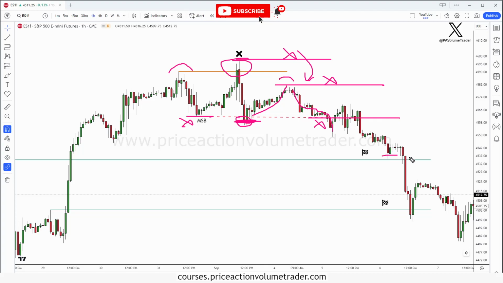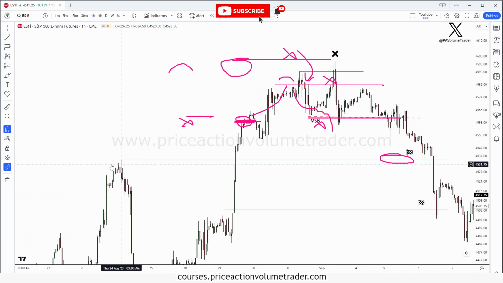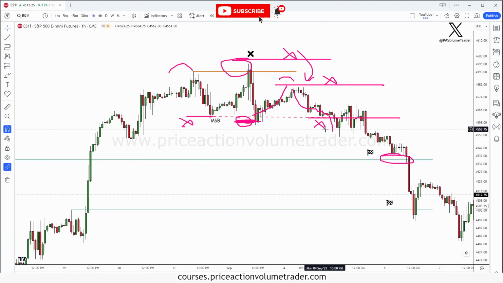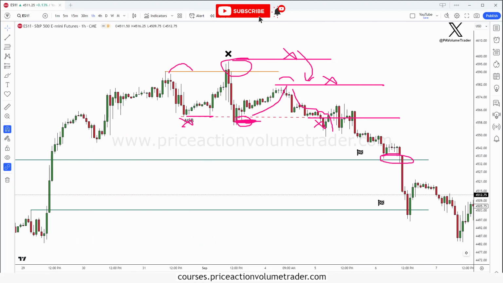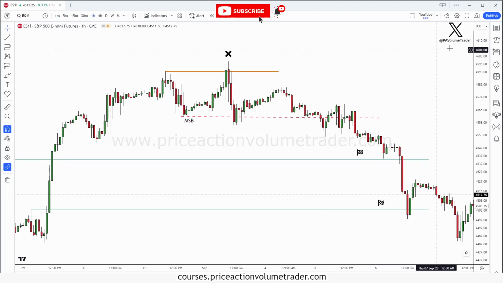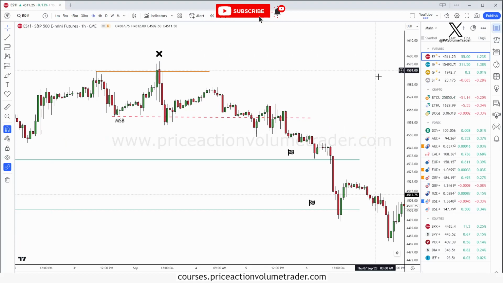And then again, first take profit would be at this swing level here. And the ultimate take profit for me would be on a fill of this move into this next broken swing level right here. Okay, so that was the example on the S&P 500.